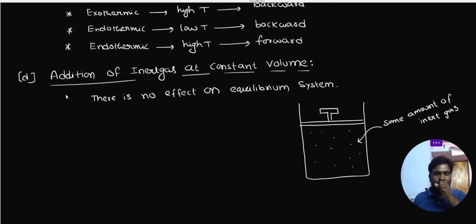But if you add inert gas, meaning noble gases, helium, neon, argon, to the equilibrium system, that inert gas is not merging in the reaction.